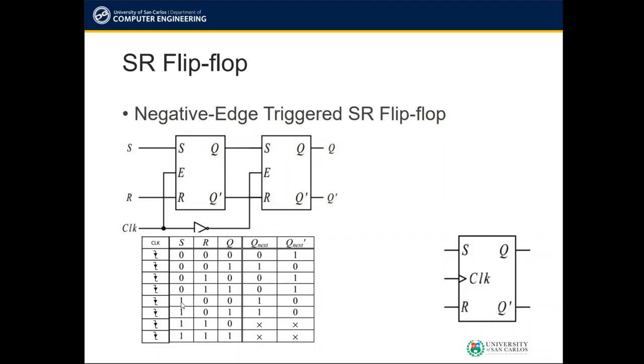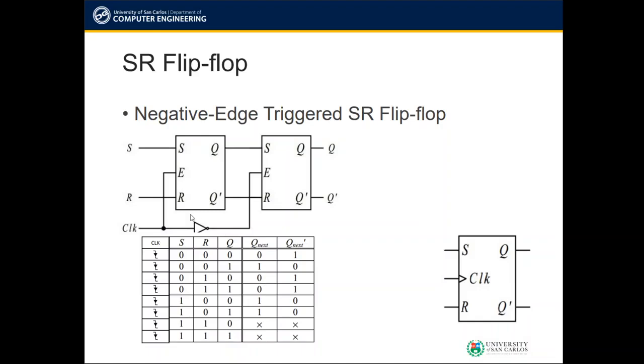And if the value of your SR is 1, 0, whatever the value of your Q, the value of your Q next output is 1, or set. That's why the term SR, or set-reset flip-flop. So we have three characteristics: hold, reset, and set.